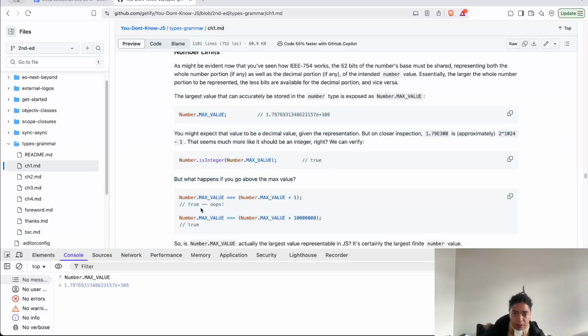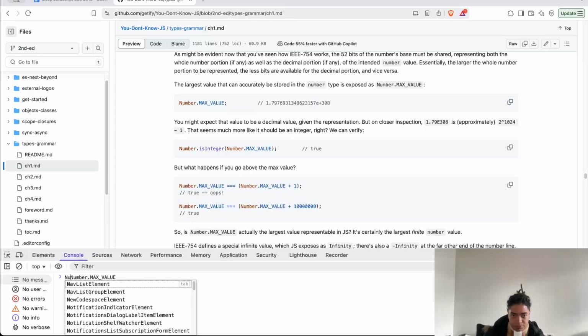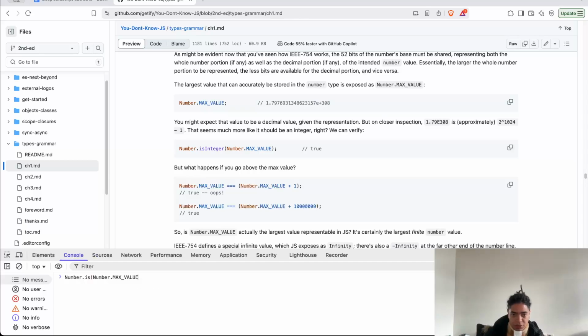But what if we now take that integer plus 1000? Is this still a number? I mean, it's an integer, it's going to give you true.